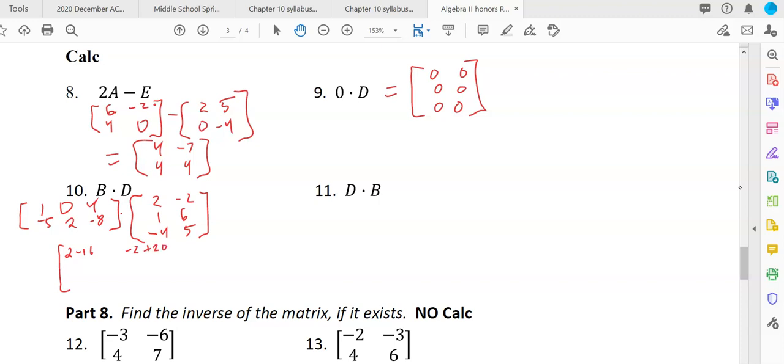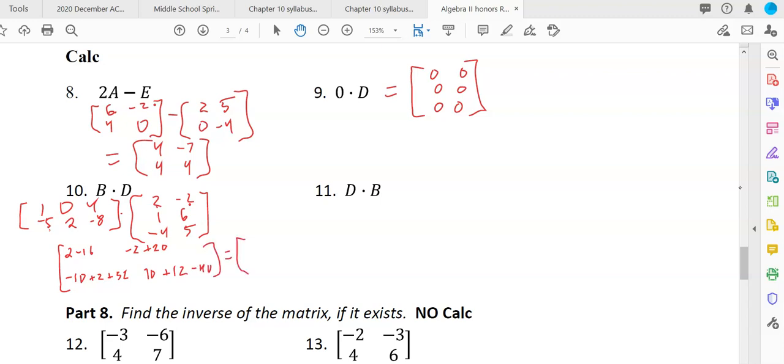Bottom left will be bottom row, left column. So negative 5 times 2 is negative 10. Plus 2 plus 32. And the bottom right, this will be negative 5 times negative 2 is 10. Plus 12 minus 40.